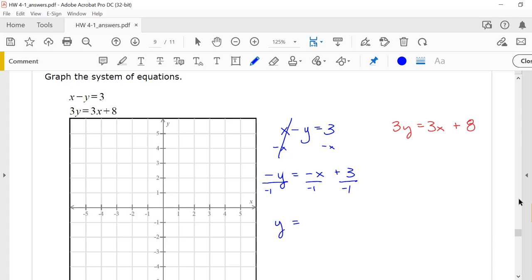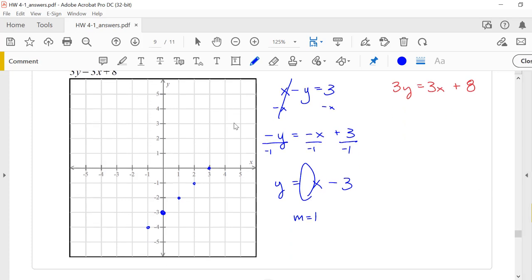I get y equals x minus 3. My y-intercept is negative 3, and my slope is the number 1 that's out front of the x. There's a 1x, right? So I'm going to go up 1, right 1, up 1, right 1, or down 1, left 1. So here's my blue line.